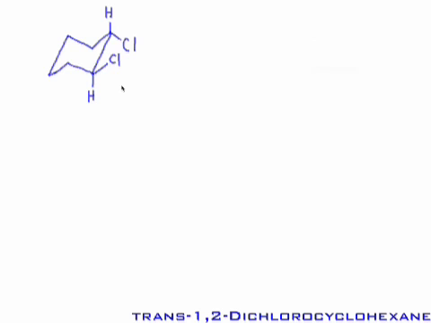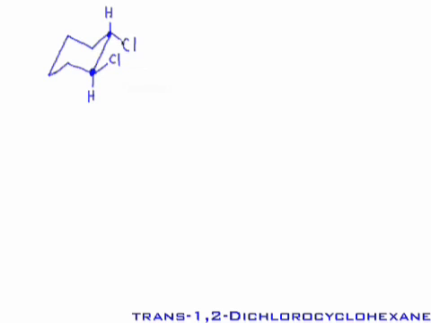In actual fact, it's not that hard. You can see that if I look at this carbon, its chlorine is pointed down slightly. And this carbon, which is connected upwards from the carbons it's attached to, its chlorine is pointed up.